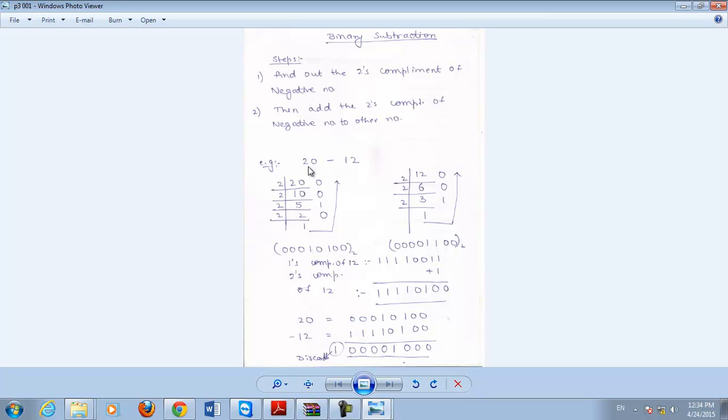Firstly we convert the 20 and 12 into binary numbers. The binary equivalent of 20 is 10100, and to convert this 5-bit number into 8 bits, you put 3 zeros at the left side.